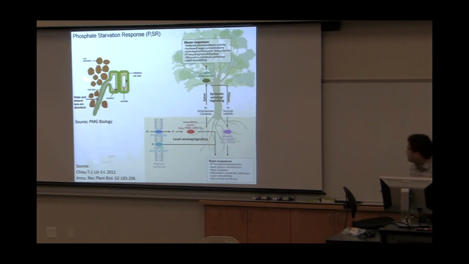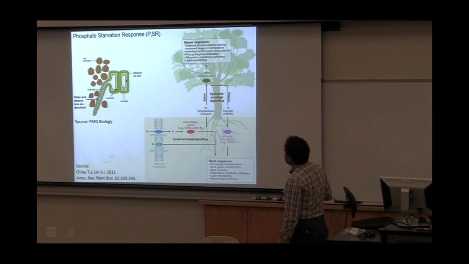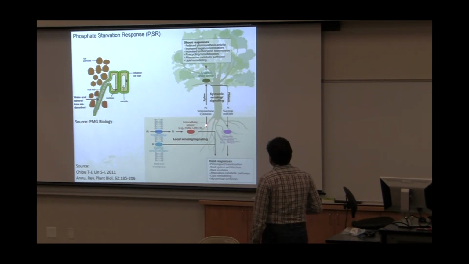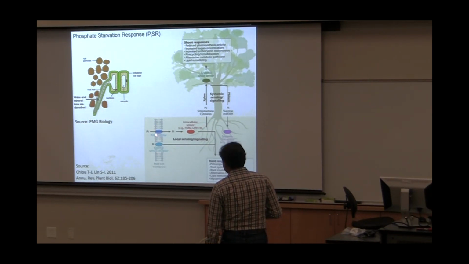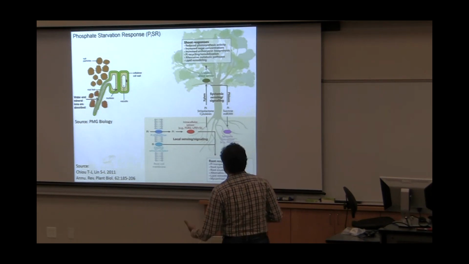These are the soil particles, and these are the root hairs. Through the root hairs, the plant takes up nutrients and phosphorus, and it goes inside the root. These are the cell membranes, which contain several phosphate transporters. This is the phosphate uptake transporter, and then there are other transporters responsible for xylem loading, and that's why phosphorus is mobilized from root to shoot through xylem loading.